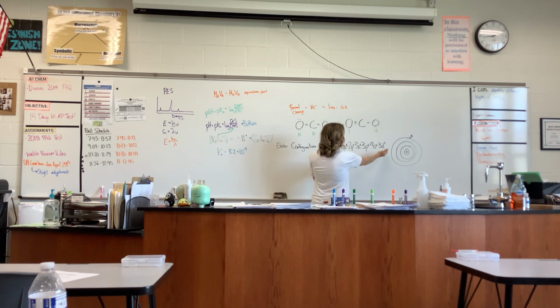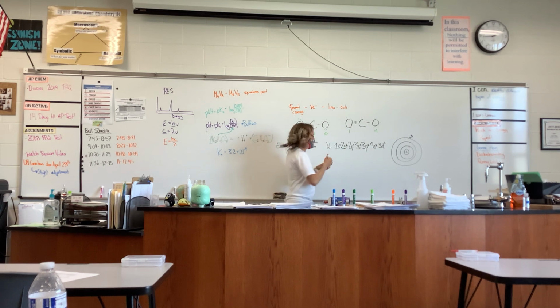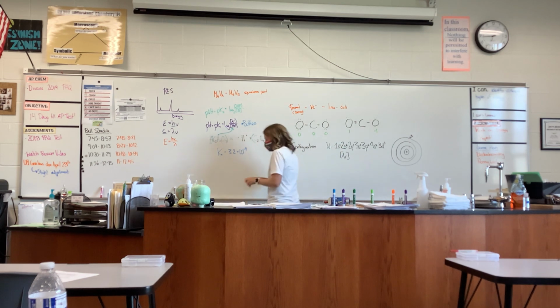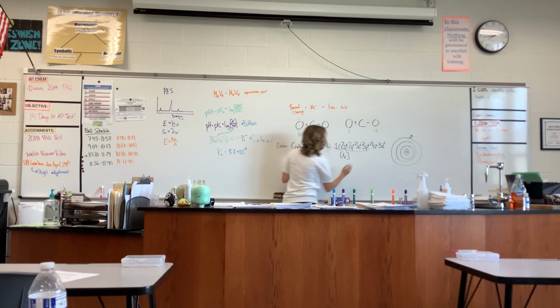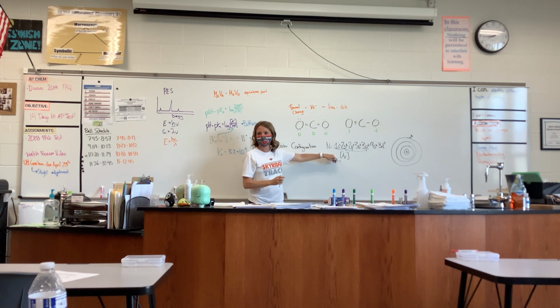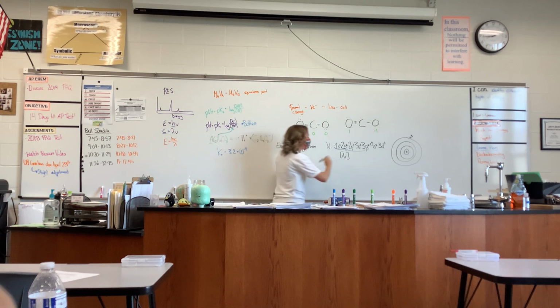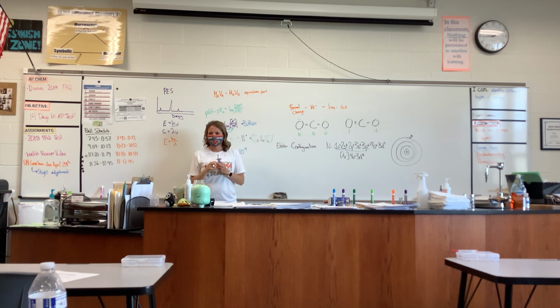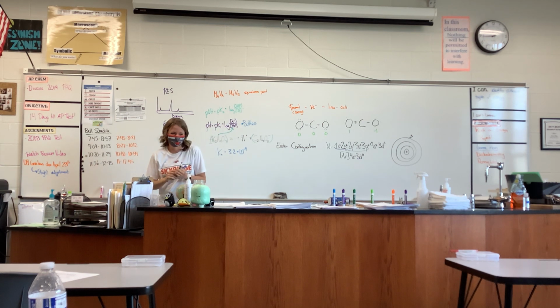This is correct, but the better way is to go Ar, because that takes care of all of this in that little square, and then you just write what comes after. Is that what you wrote?